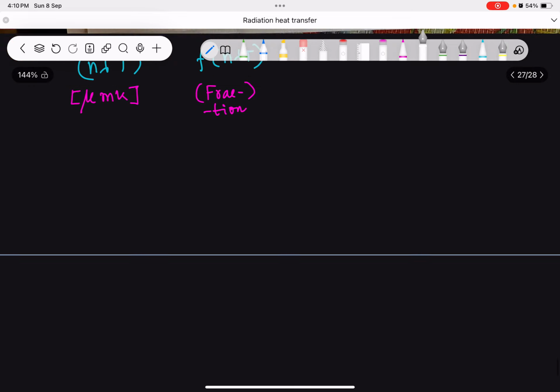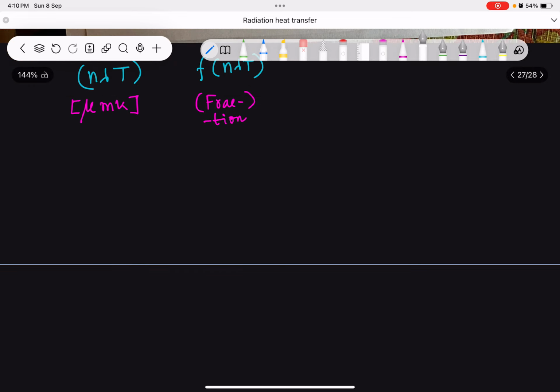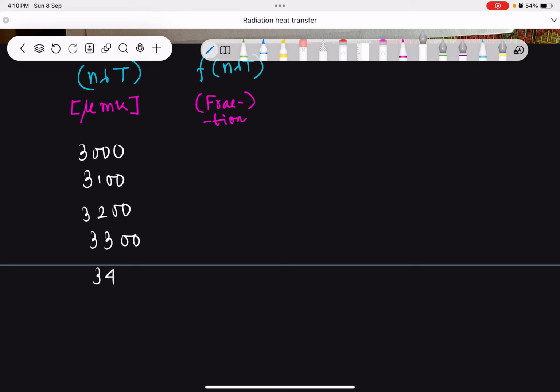Here you will have many values, maybe 3000, 3100, 3200, 3300, 3400 and so on, and corresponding to each value you will have an f value.